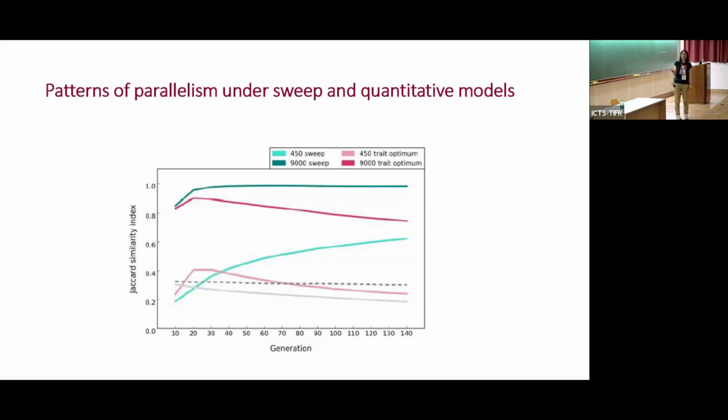In the beginning, when the population is changing in its mean phenotype, its mean of traits, we have an increase in parallelism, so replicates become more similar. But as soon as the population is at optimum, parallelism decreases.